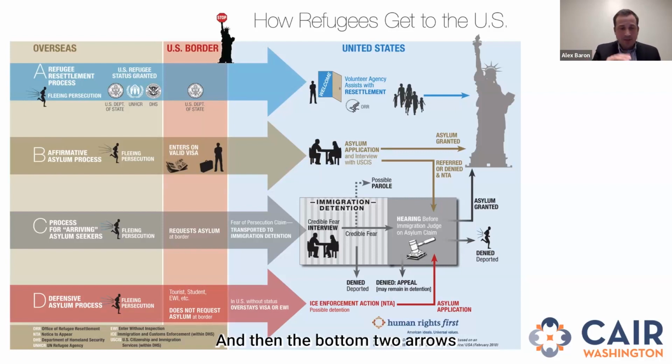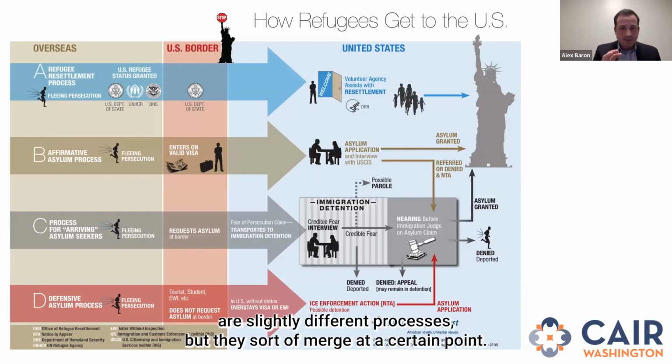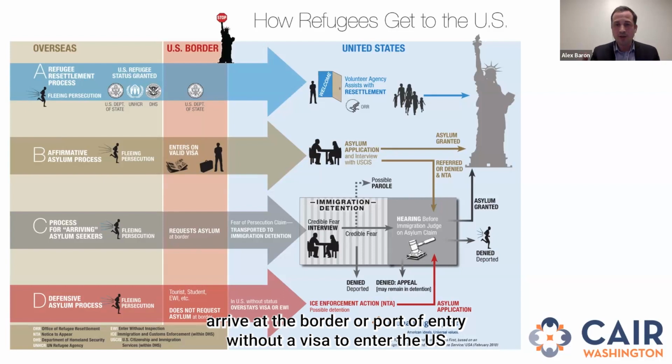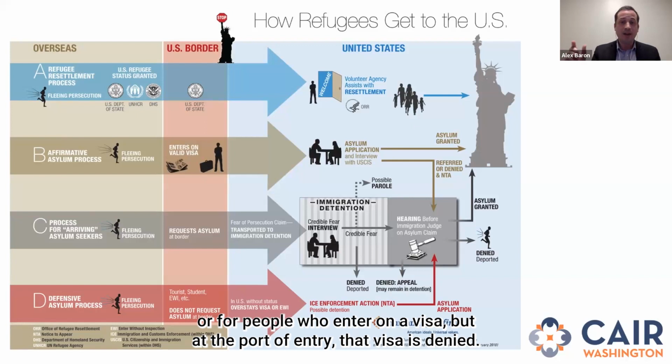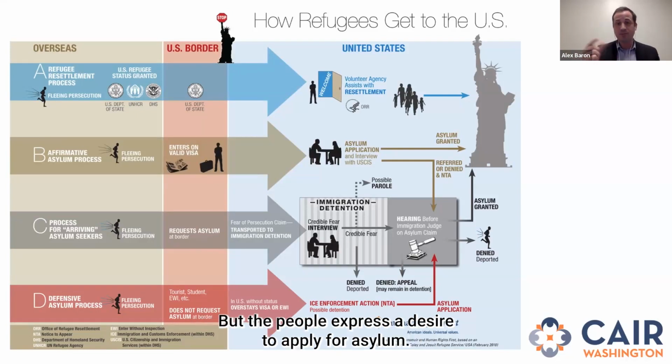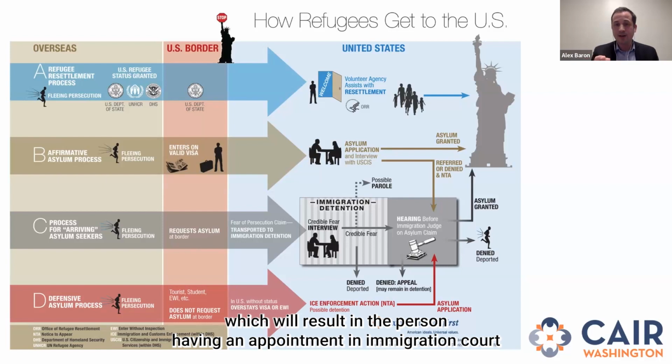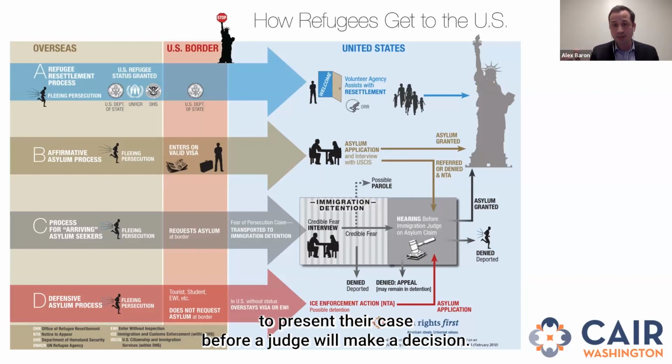And then the bottom 2 arrows are slightly different processes, but they sort of merge at a certain point. And I won't go into too much detail, but for people who either arrive at the border or a port of entry without a visa to enter the US, or for people who enter on a visa, but at the port of entry, that visa is denied, but the people express a desire to apply for asylum, then that triggers a different process which will result in the person having an appointment in immigration court to present their case before a judge who will make a decision.